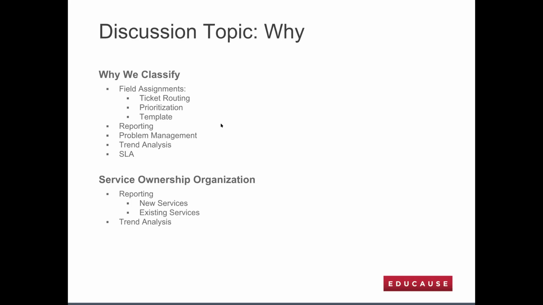Prioritization: there might be certain types of selections in the category. Where I've come from, it's been category, type, and item, so not the same as CTSA. Based on the category, type, and item, it could be something very critical, and you might want to give it a different prioritization. There might be situations where it's a network port issue or a Wi-Fi issue.